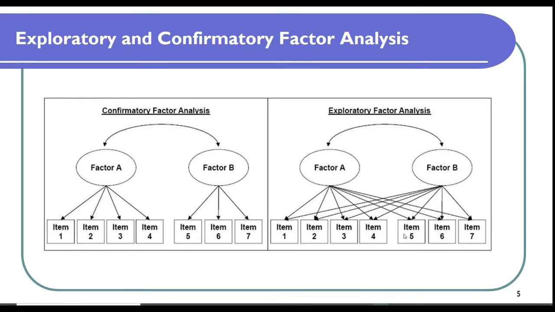These are the items or indicators in our questionnaire survey. And these factors, in the oval shape, are latent factors or unobserved factors. So these are observed items or observed variables in order to measure factor A and factor B.